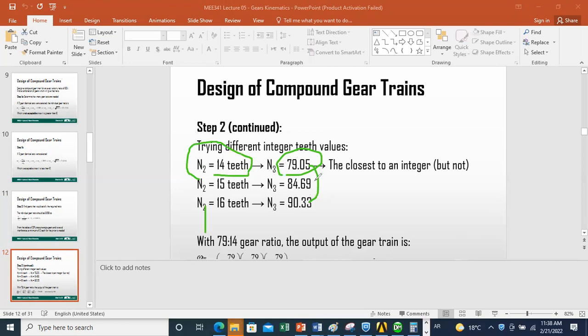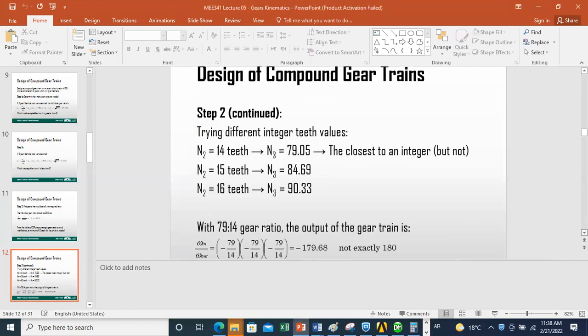So let me now consider my pinions fixed at 14 teeth, but I can play with the gear ratio of my sets in a way that the number of teeth for my gears all come out without decimal points.